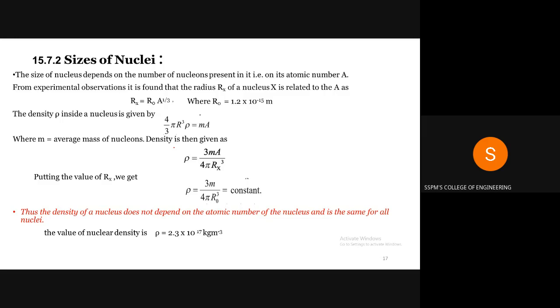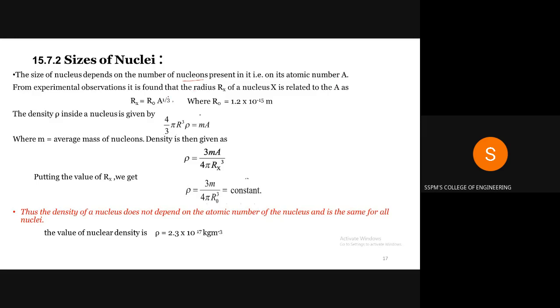How to determine the size of the nucleus? The nucleus consists of nucleons, that is, the number of protons plus the number of neutrons. The size of the nucleus depends on the number of nucleons present in it, and it is directly proportional to A.